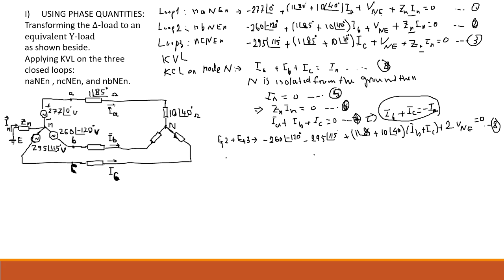Then equation number 8 becomes as follows: minus 260 minus 295, the impedance 10 angle of 40 degrees multiplied by IA, plus 2VNE equals 0. This is equation number 9.